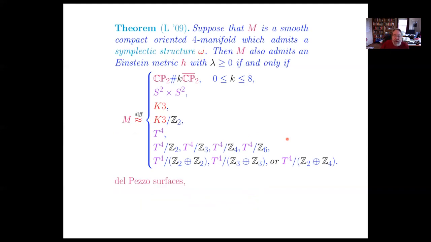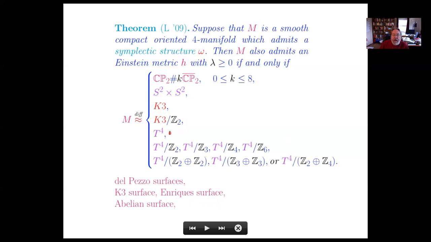All right, so the things that occur here all do admit complex structures. The things on the first line and on the second line together make up the family of complex surfaces called del Pezzo surfaces. At least here we've only listed the diffeomorphism type. Then there's the K3 surface. The next one is the Enriques surface.